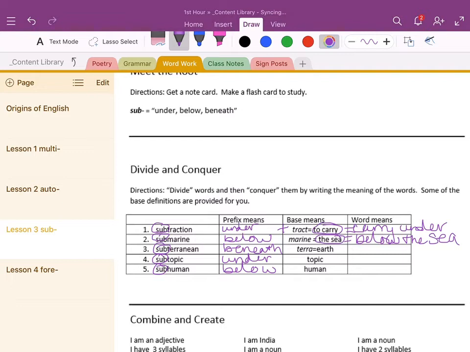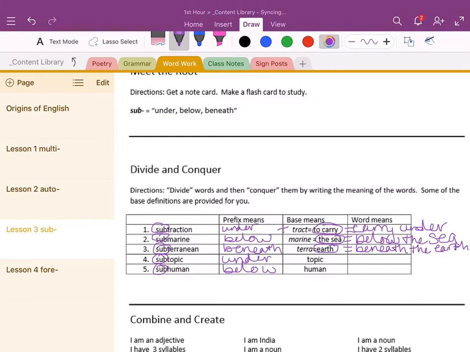I've got beneath, and then terra, we learned in our video from Aquila and the Bee, means earth. So I have beneath, and I'm going to put the earth because I'm using a noun here. The earth is a noun, so I'll use that. Subtopic, under topic. I don't like that choice.